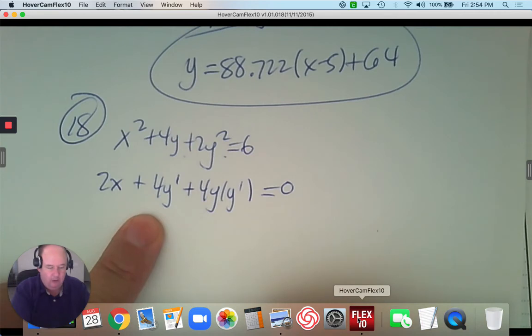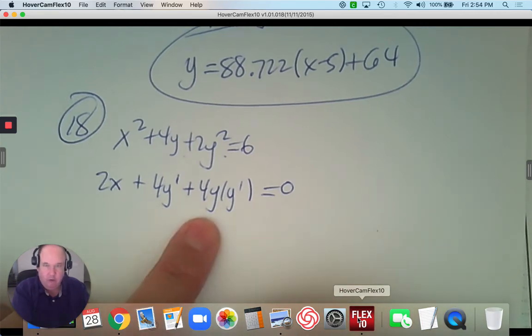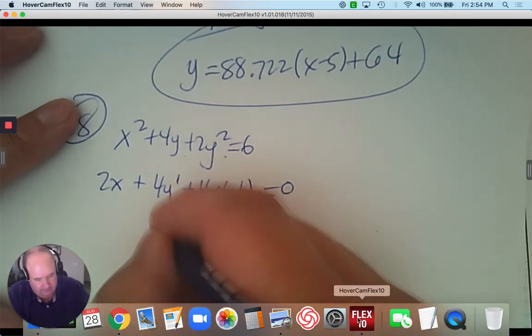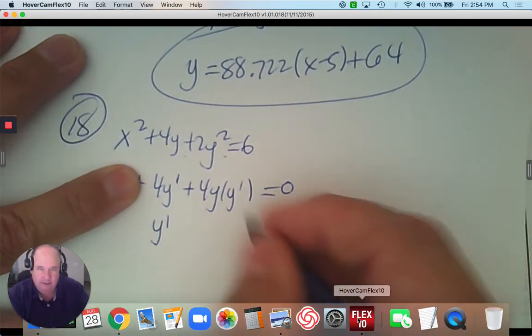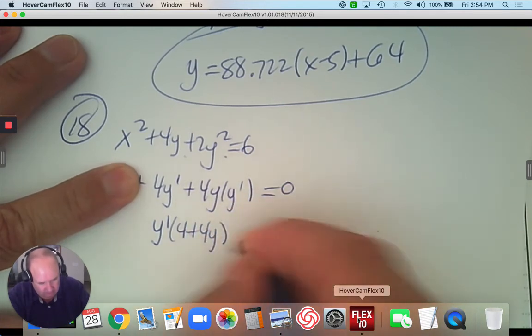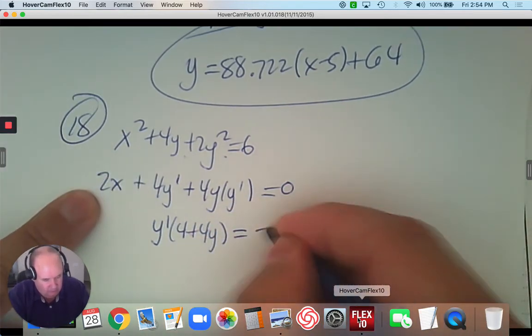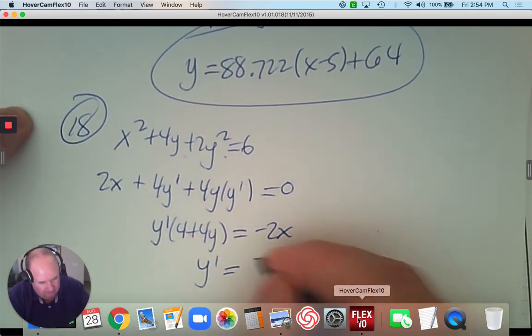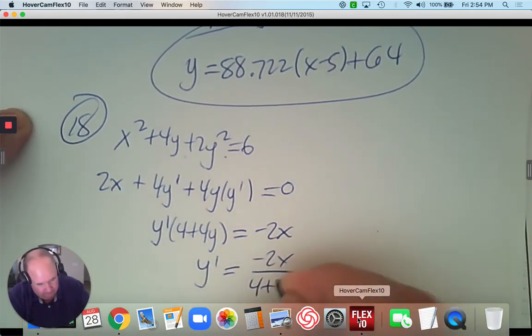So follow along. 4 needs a y prime. 4y, but it needs a y prime, and the derivative of 6 is 0. Then I'm going to factor out a y prime out of this 4 and 4y. I'm going to subtract 2x, and then I'm going to divide to get y prime by itself.